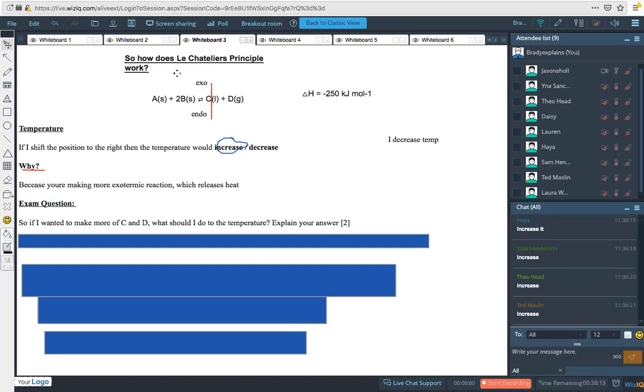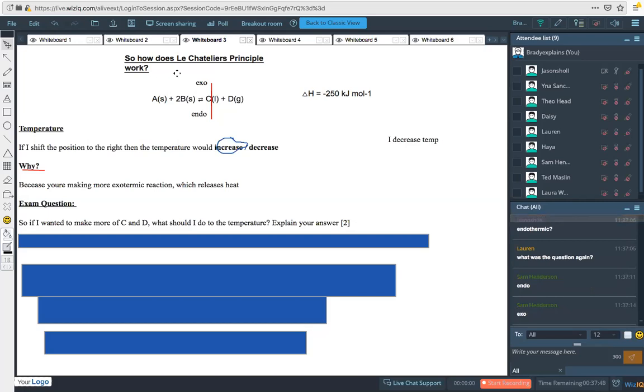Just bang your answers when you're ready. Endothermic reactions reduce the temperature.